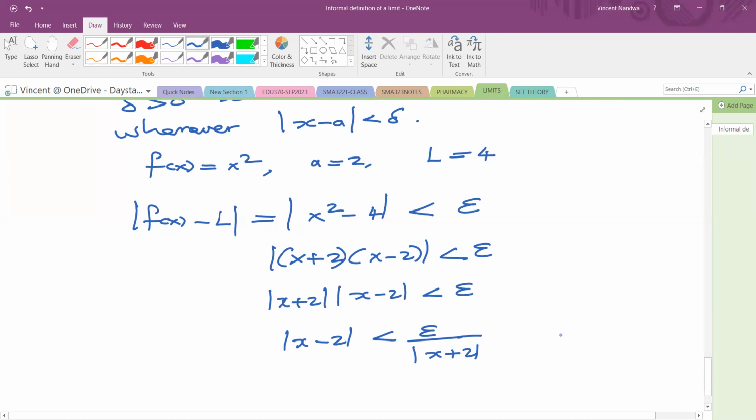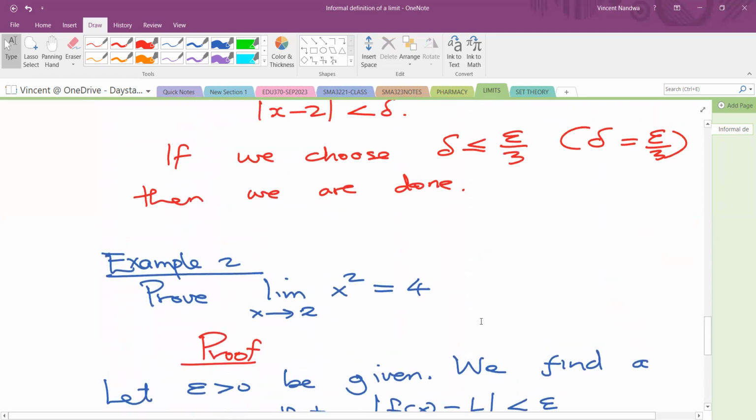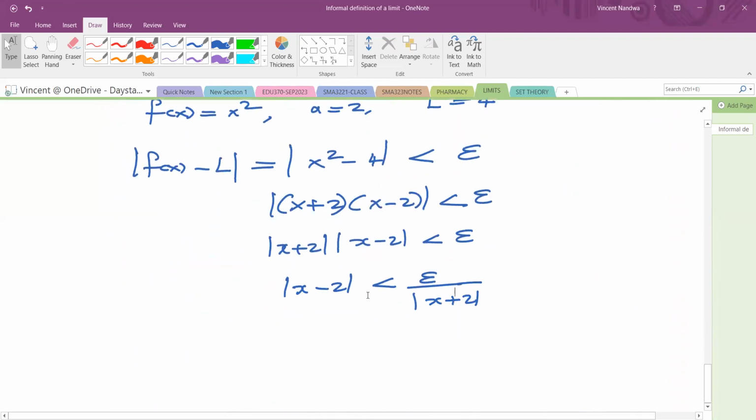But unlike in the previous case whereby we had to divide through by a constant, in this case, we see that we are dividing through by an expression which involves the variable x. So the way we are going to interpret it is going to be a little bit different from the way we interpreted division by 3 in the previous example. And this is how we interpret it.